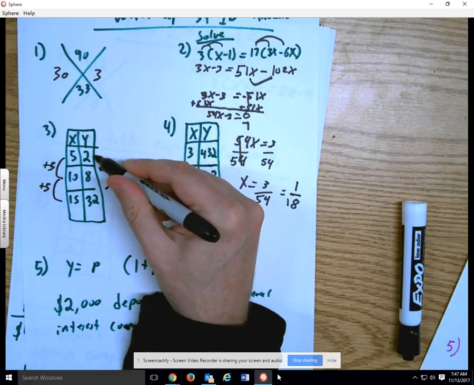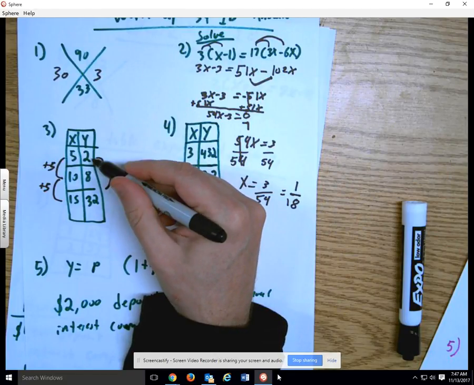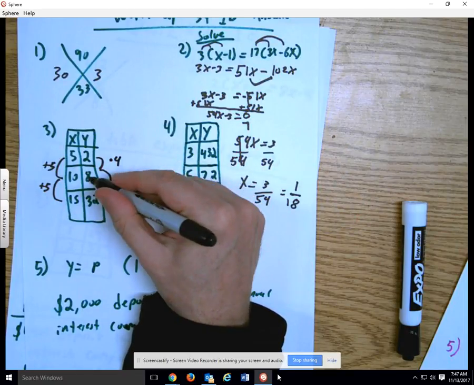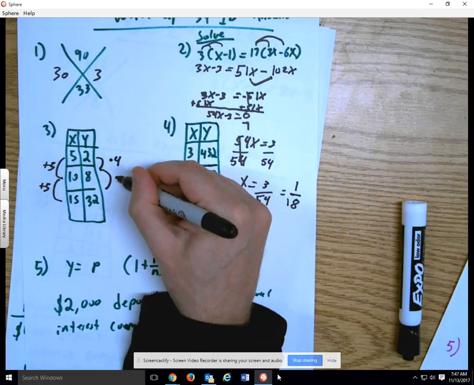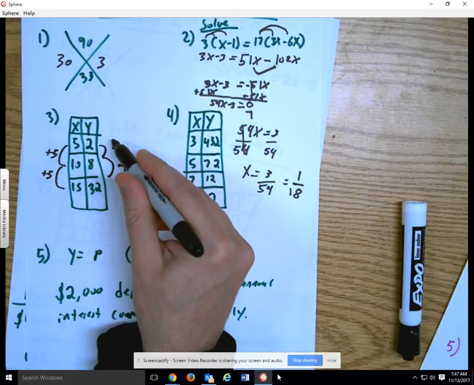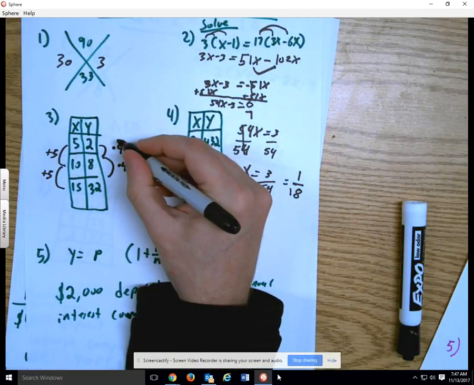Neither. Actually, something is happening here. If you go from 2 to 8, you multiply by what number? 4. Right, so you multiply by 4, and if you go from 8 to 32, you also multiply by 4. So if the x side is adding and the y side is multiplying, it's exponential.